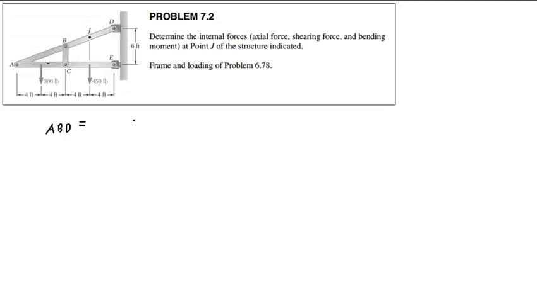ABD is going to be equal to the square root of 6 squared plus 16 squared, which comes to, 16 squared plus 6 squared, I get 17.088 feet.